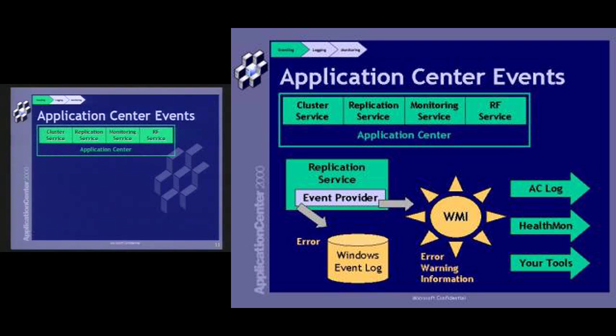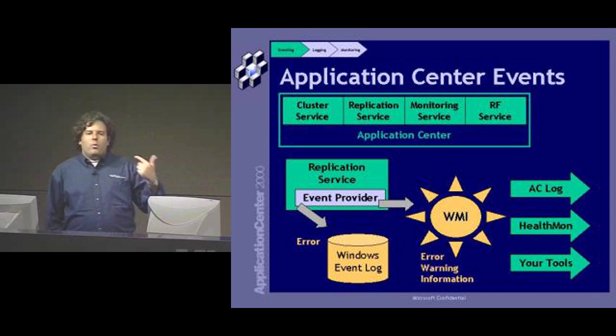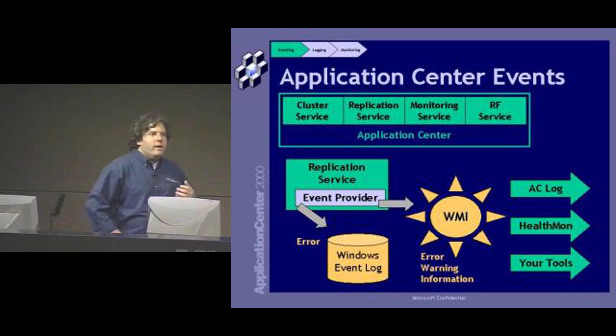The four main services in AppCenter, the cluster service, replication service, monitoring service, and request forwarding service, all have an event schema that we will document for various error, warning, and informational events that respond to different service situations.